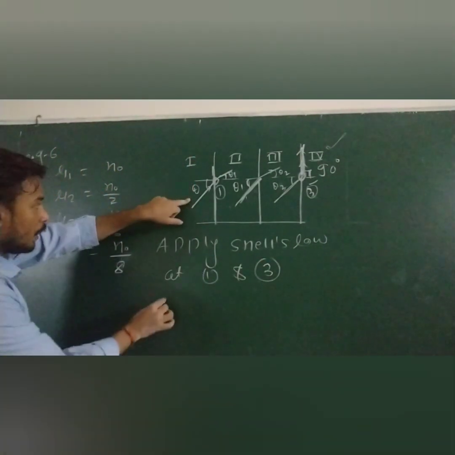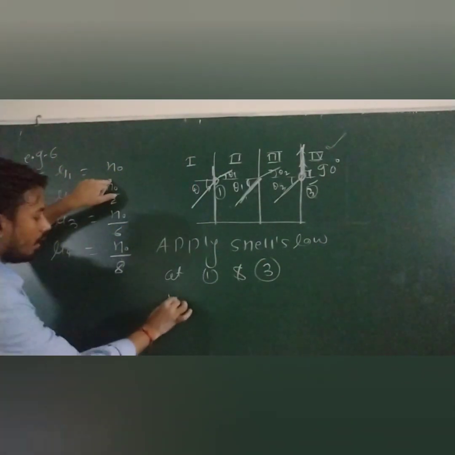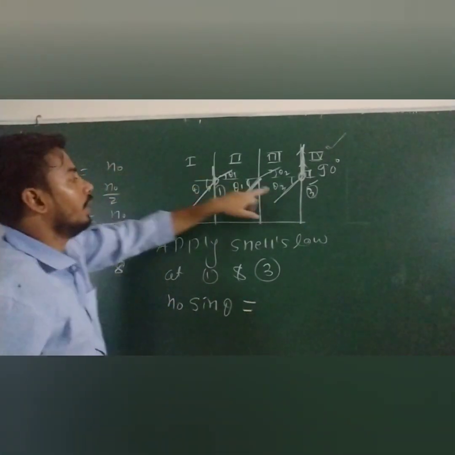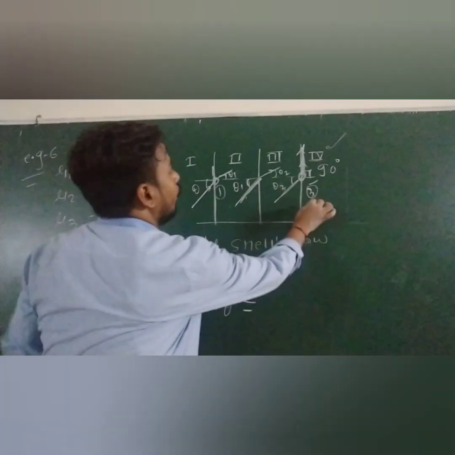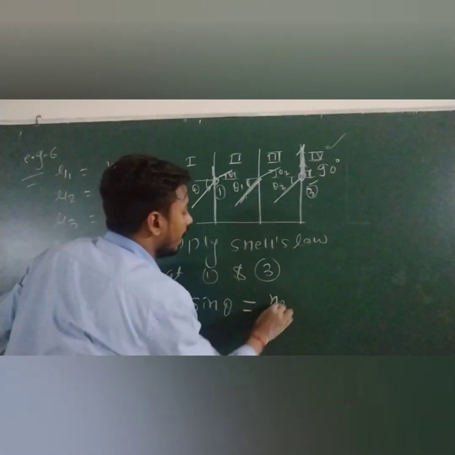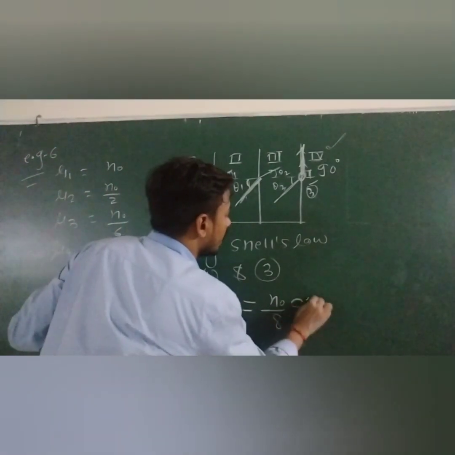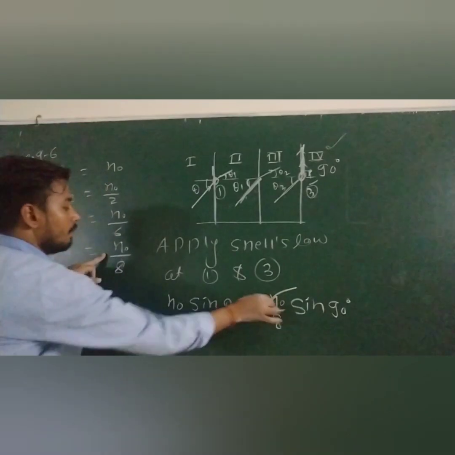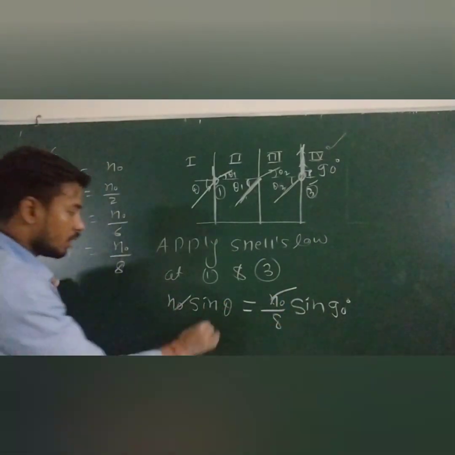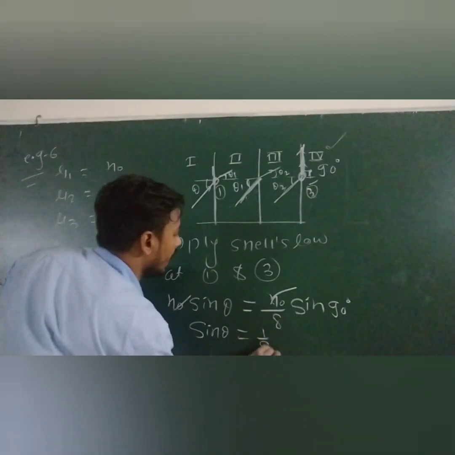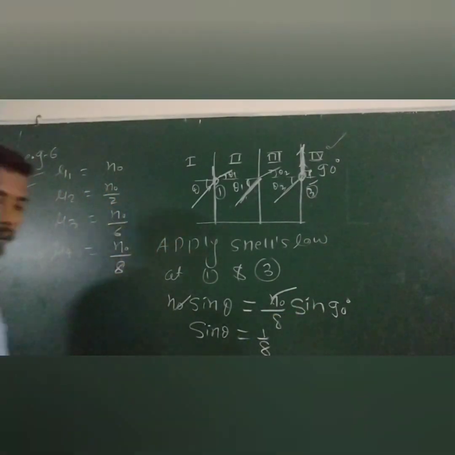So N naught sin theta is equal to the refractive index of the fourth medium, N naught by 8, into sin of this angle, which is 90 degrees. So sin theta comes 1 by 8 because sin 90 becomes 1.